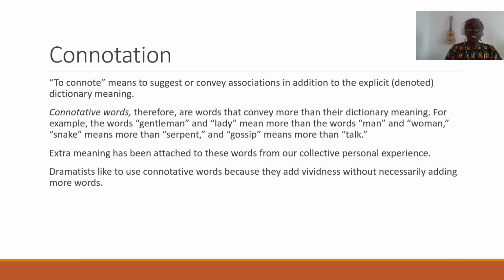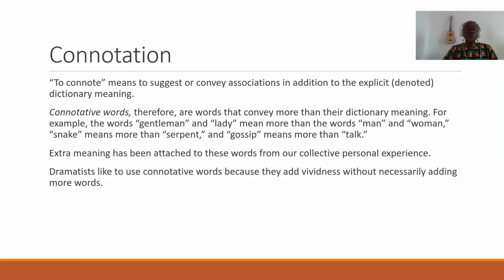Connotation in language is also very important because when you connote, it means that you are suggesting or conveying associations to a certain word in addition to the dictionary meaning of that particular word.